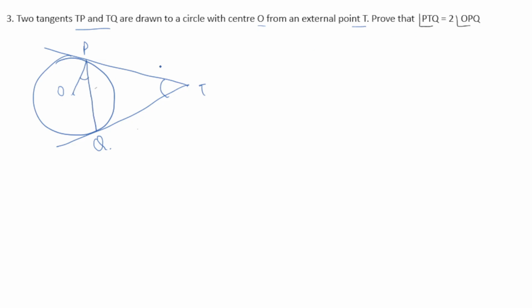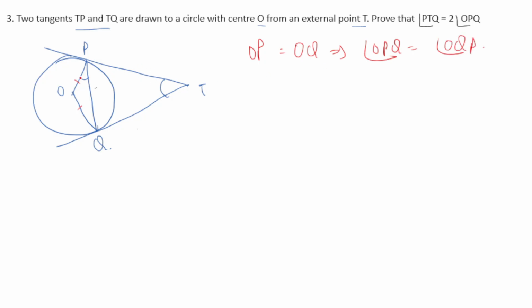this angle. See here, OP and OQ, these both are radius. So this forms an isosceles triangle. So the angles opposite to these equal sides are equal. Here OP is equal to OQ, so angle OPQ is equal to angle OQP.